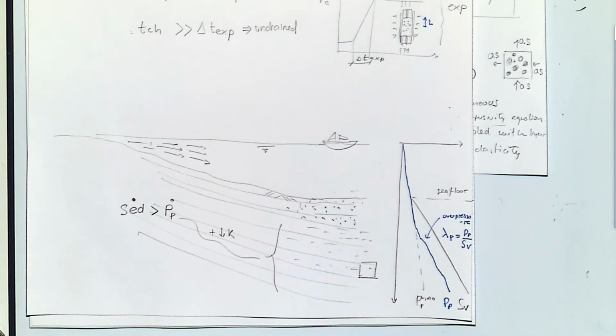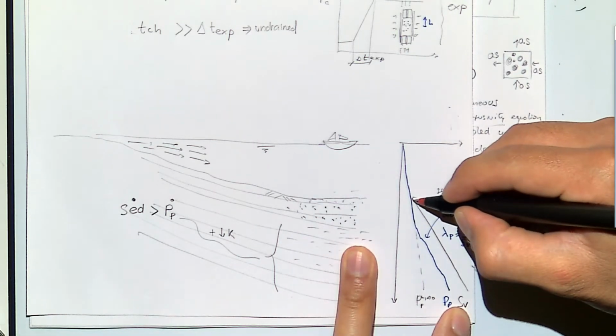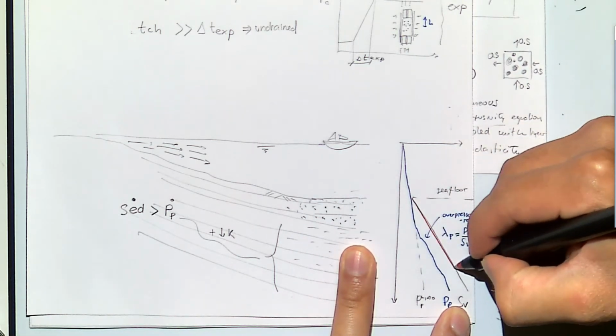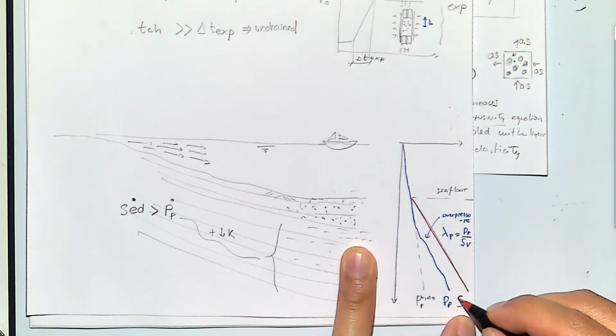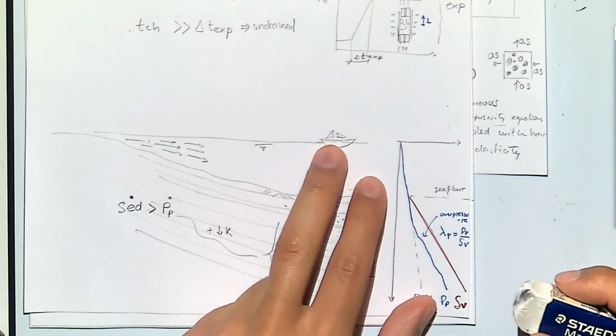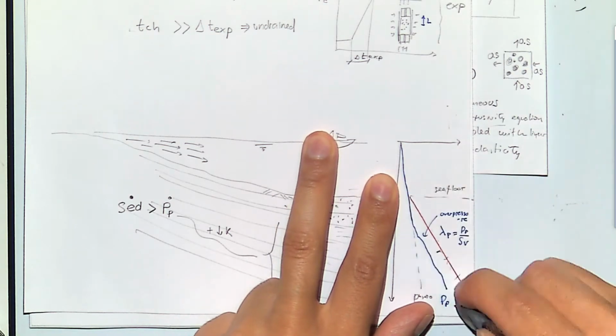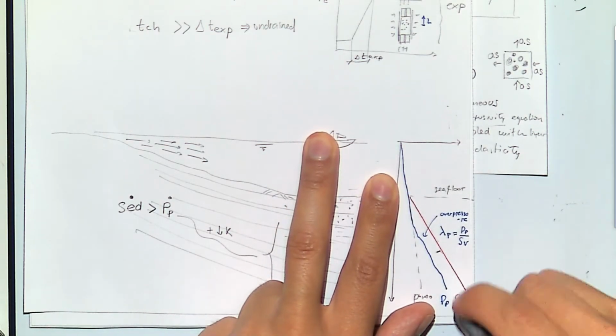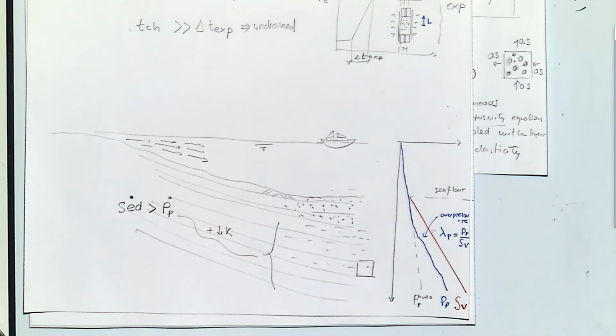What is the maximum value of lambda p? 1, right? Can pore pressure be higher than vertical stress? No, you say no, Rodrigo, why? Because if it's higher, it's probably going to fracture, right?